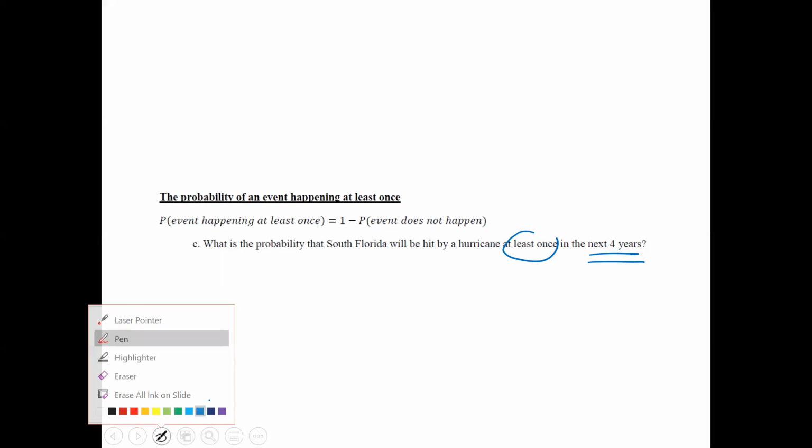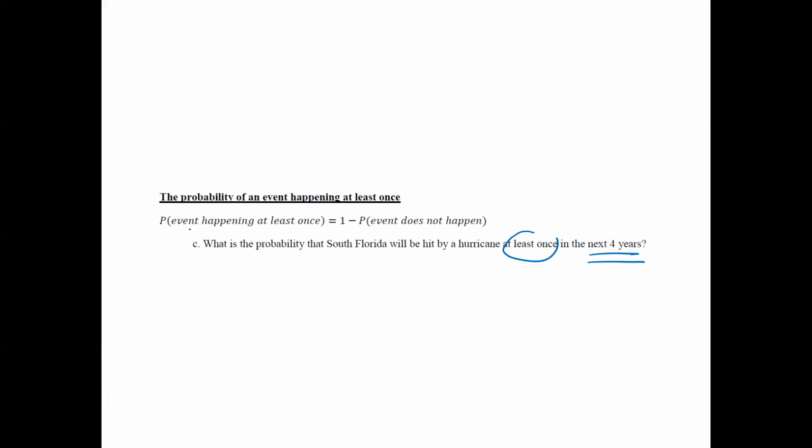There's a little formula given to you, and it says the probability of an event happening at least once is 1 minus the probability that the event does not happen. That generally makes sense because you take the total and subtract what doesn't happen to get what does happen.